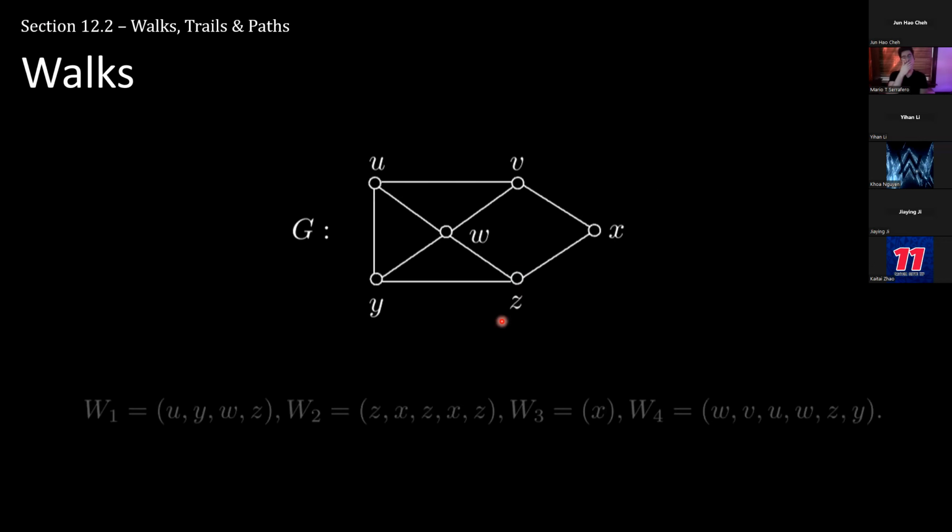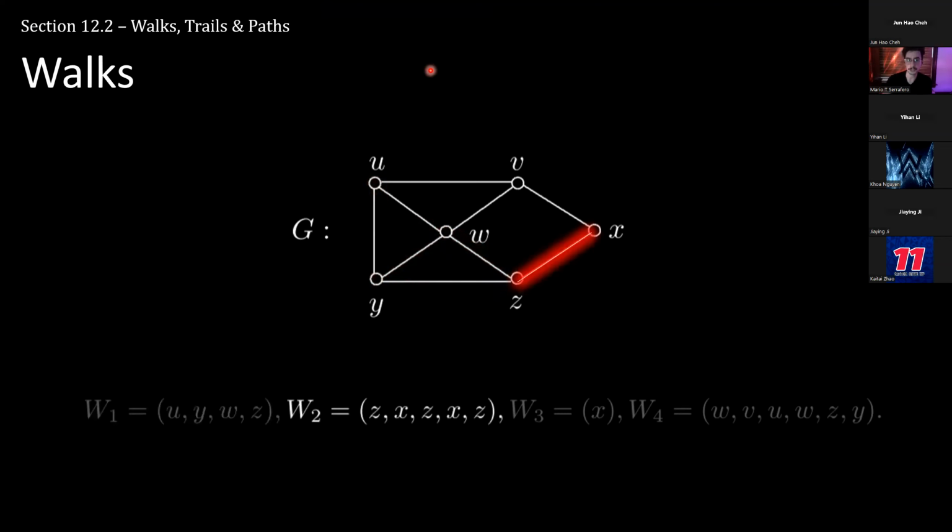So for example, we have this graph, and let's look at some walks. Here we have walk 1, and here we go from u to y to w and then to c. Pretty easy stuff, right? Then you have W2.